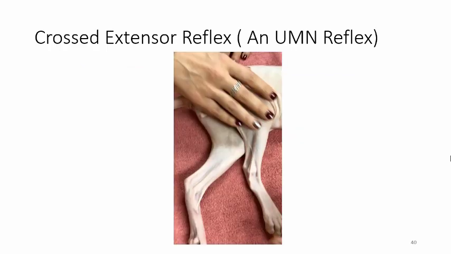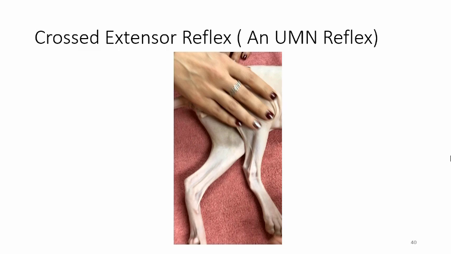So I told you that I use the crossed extensor reflex a lot to differentiate upper motor neuron and lower motor neuron issues. Now let me tell you, crossed extensor is an upper motor neuron reflex. So if the animal has a lesion between the first and the fifth cervical vertebrae, or the third thoracic and the third lumbar, T3 to L3, they have a T3 to L3 myelopathy or C1 to C5 myelopathy, then crossed extensor will be positive.